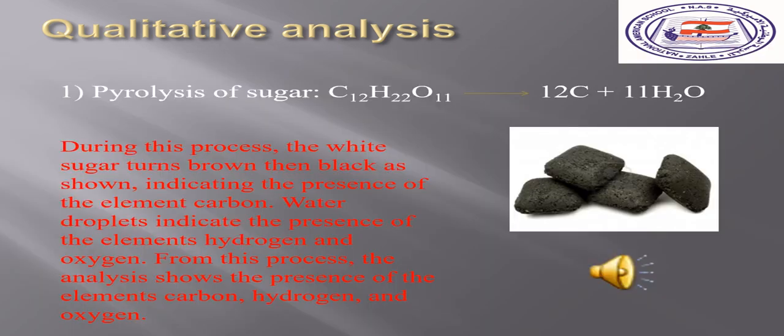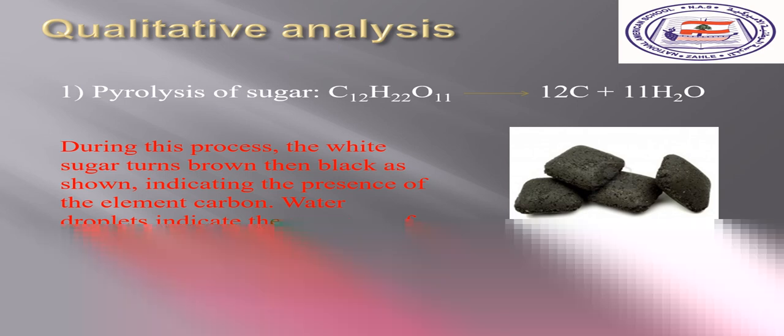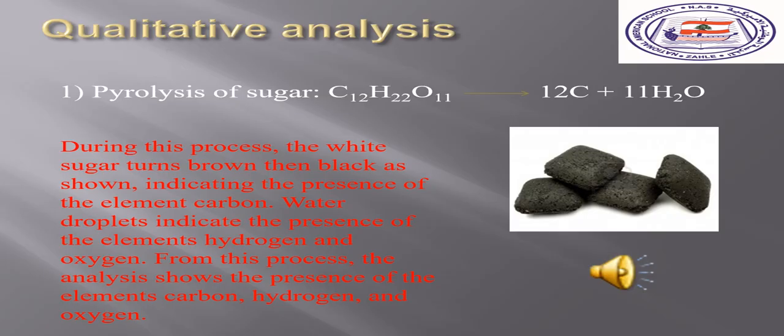During this process, the white sugar turns brown, then black, as shown, indicating the presence of the element carbon. Water droplets indicate the presence of the elements hydrogen and oxygen. From this process, the analysis shows the presence of the elements carbon, hydrogen, and oxygen in sugar.